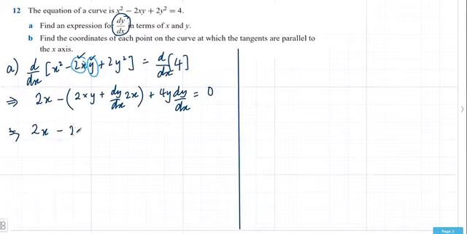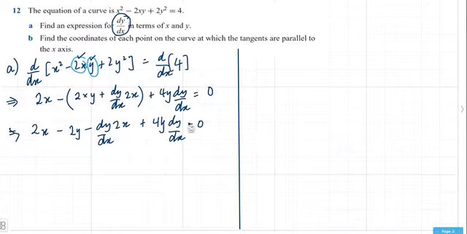So I'm just going to expand this negative through here. I can see now that I've got 2 dy/dx terms on the left side and nothing on the right side. It's a bit boring. So I'll take all the dy/dx stuff to the right side, so all the signs change.